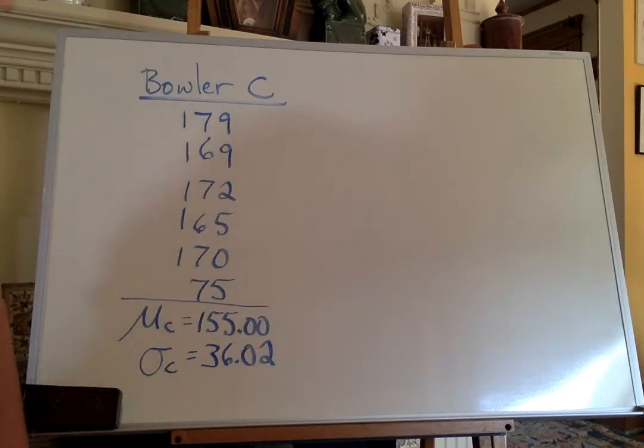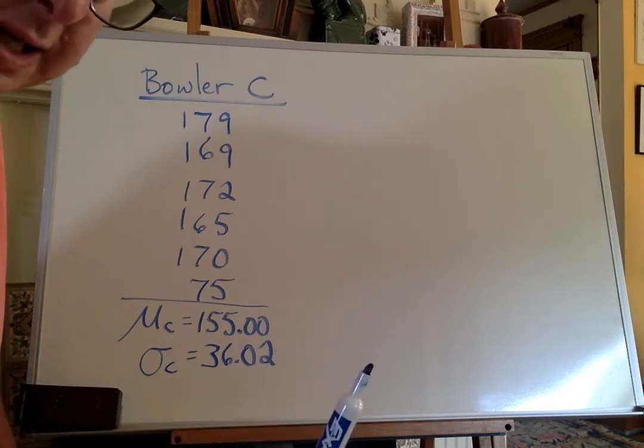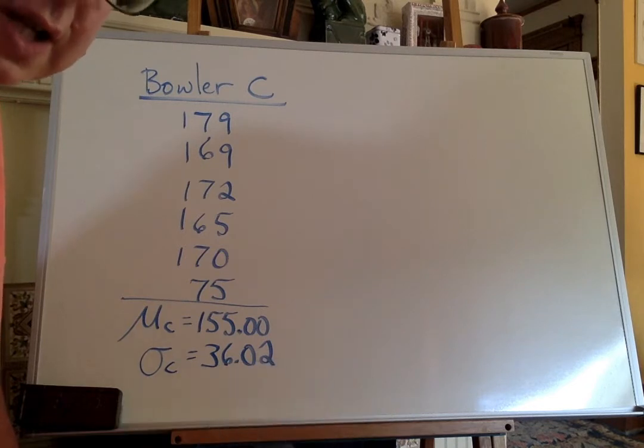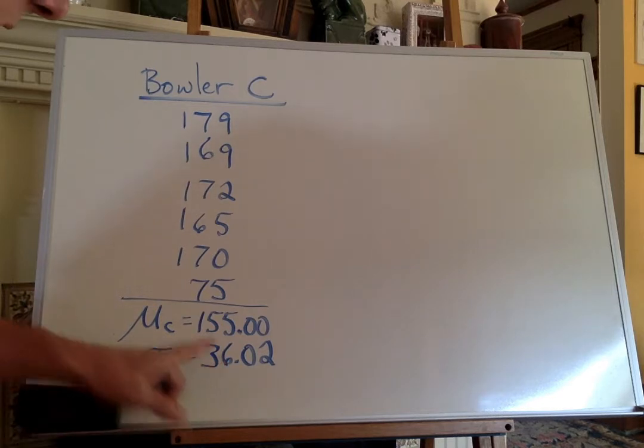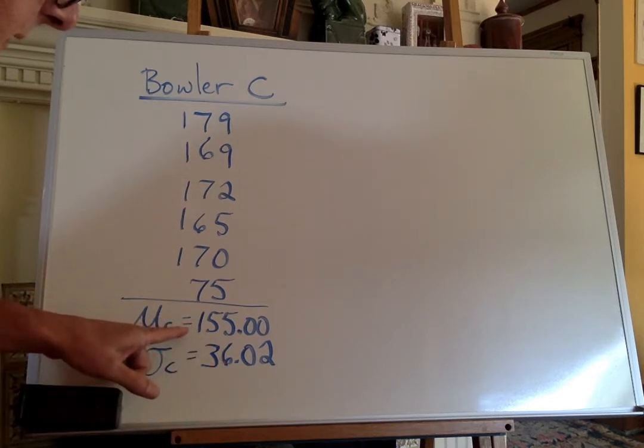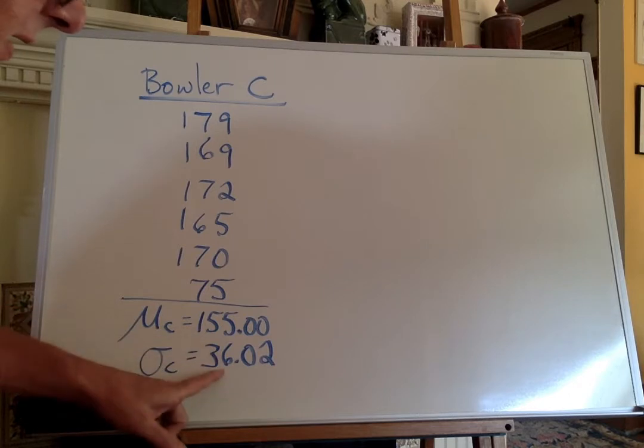Here we have something a little bit different, because if we talk about variability and we talk about consistency, I'm looking at bowler C and I'm like, you know, it says bowler C has an average of 155, and bowler C looks really variable.